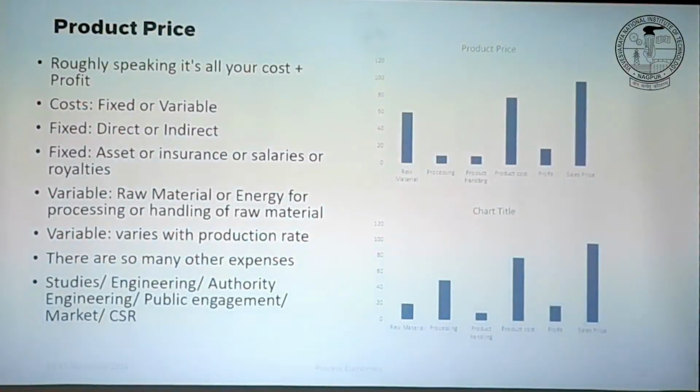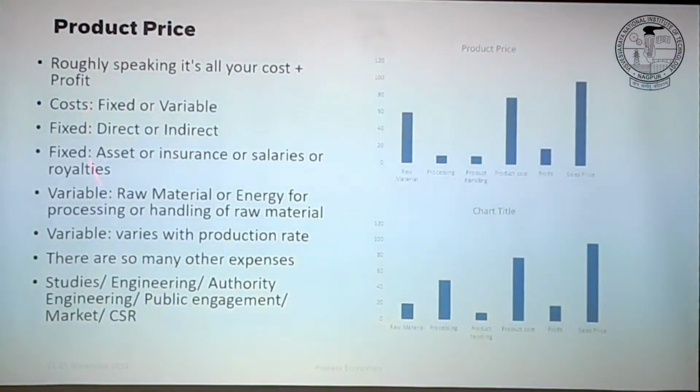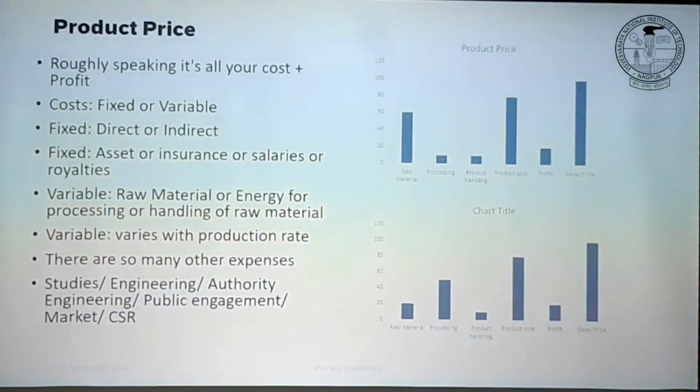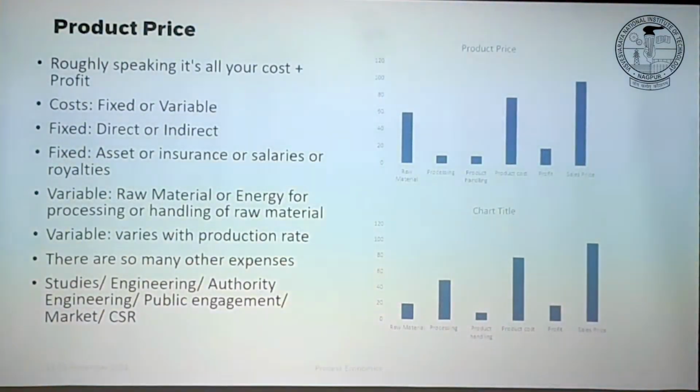So the operating cost can be variable, as I said, raw material, but there could also be operating cost which is fixed. For example, lighting for your plant, the ventilation system, air conditioning in your administrative buildings, right? Salaries for your employees, no matter if you are producing or not, doesn't matter.